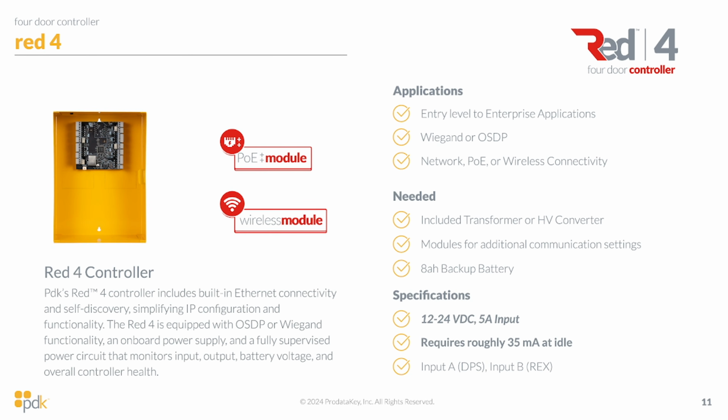So you can have PoE and the 2-pin connector connected at the same time. So that's a good way to have built-in redundancy for the power side of things. And then, of course, you have the battery terminals that are connected to all of these. So you can use an 8 amp hour backup battery inside of this enclosure, or you can tie it into a different enclosure sitting next to it with more backup.